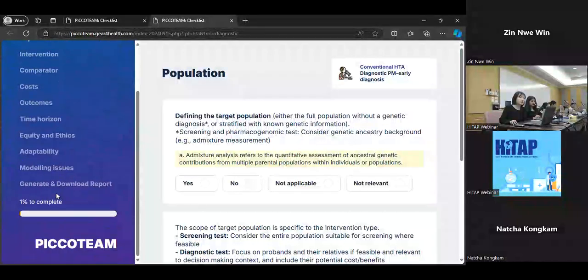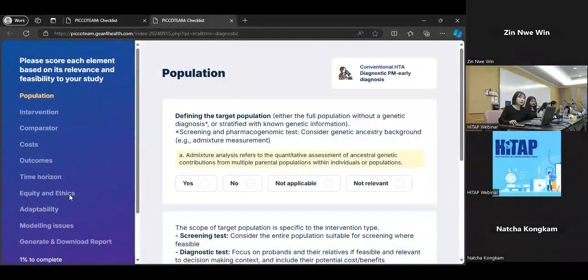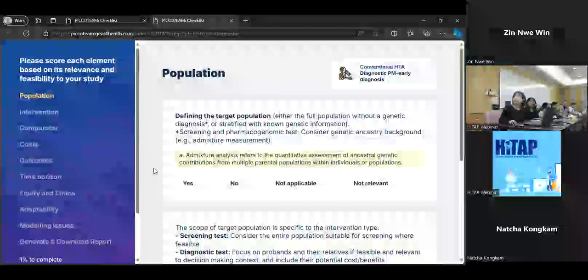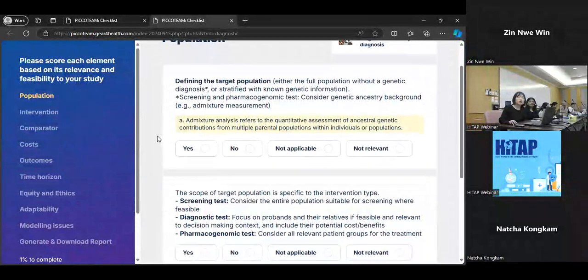The recommendations are given in 9 domains of this study, and these 9 domains help you shape the clinical pathway and the economic model, and also assess additional concerns in equity, ethics, and the interpretability and transferability of the results. Okay, so the first domain is population. It's most important to define the target.